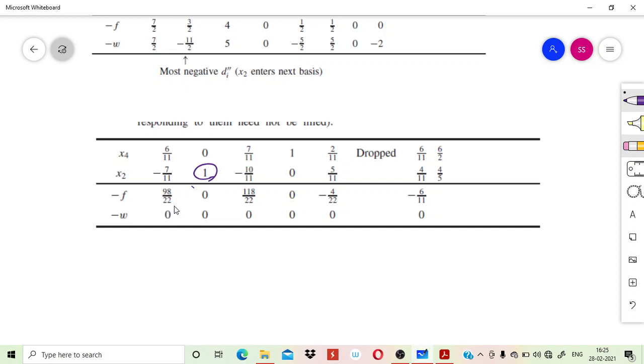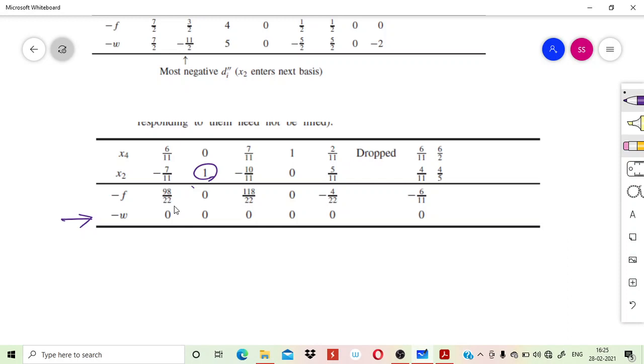If you observe the minus w row, all entries are non-negative numbers, that is, either 0 or positive numbers.